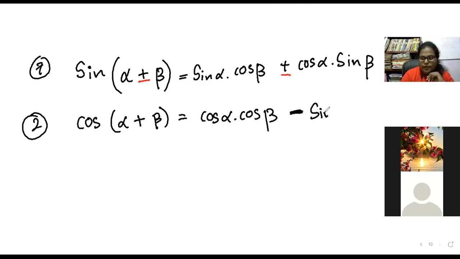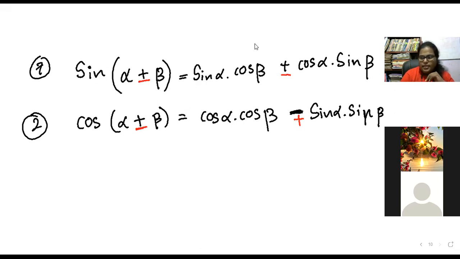And if there is a minus sign here, the sign is changed into plus. Remember that the same sign comes with sine alpha plus beta, but in cos alpha plus beta, the sign is changing here, right?